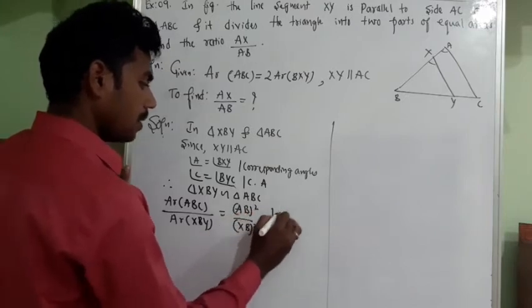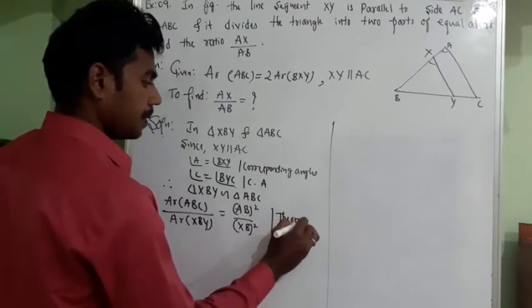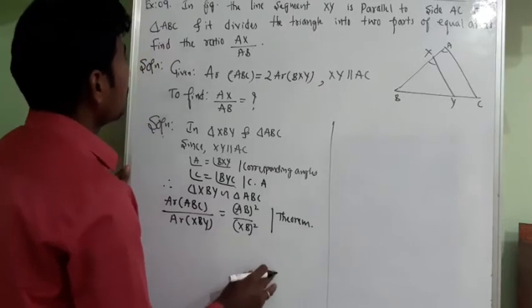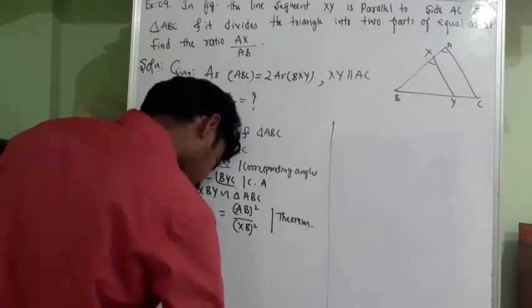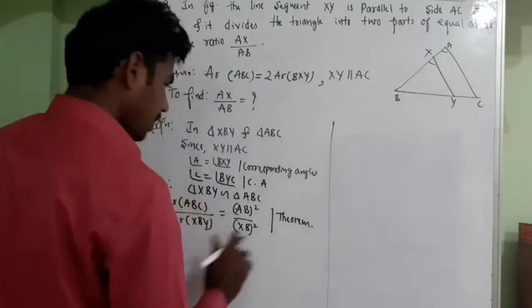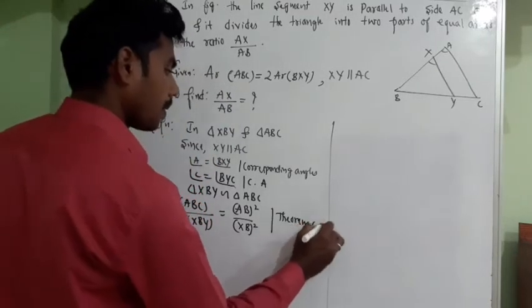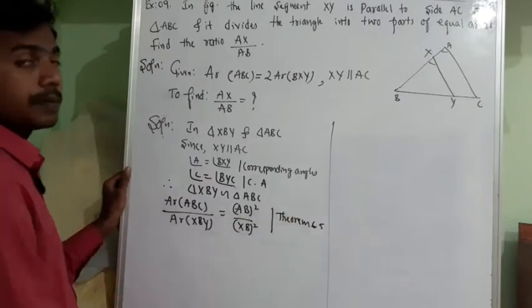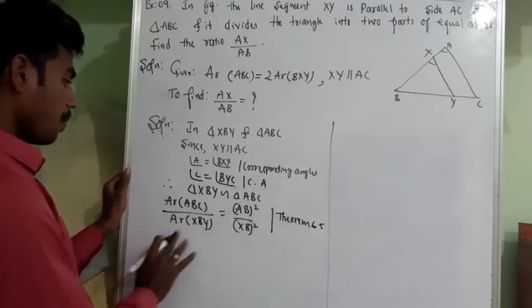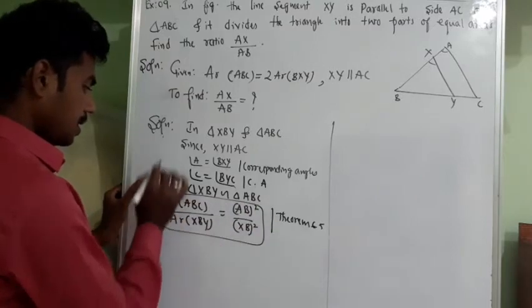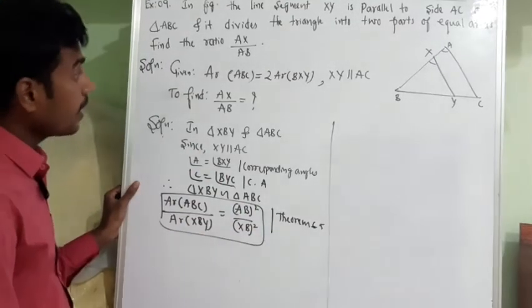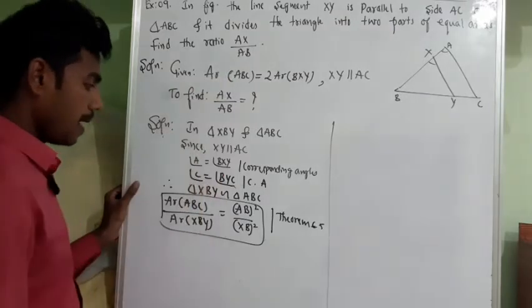This is from theorem. Which theorem? That is theorem number 6.5, that is area of similar triangles. Now this ratio we got. What I need is AX by AB.